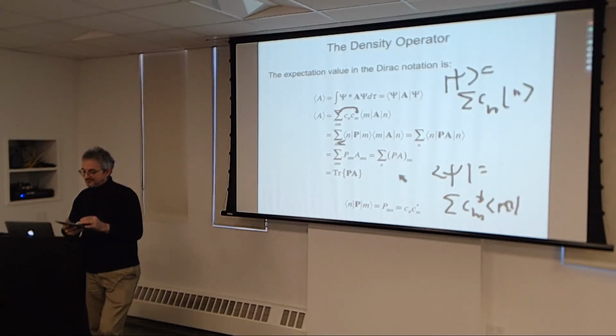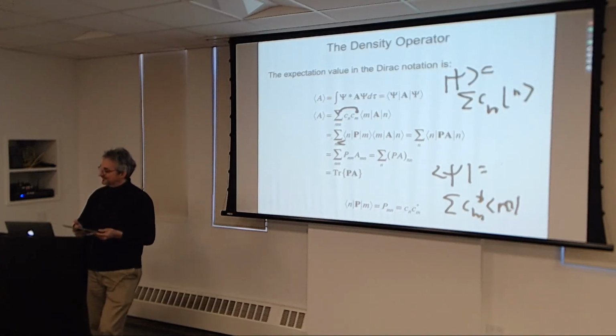So that's the same as summing just over n, the nn elements of the product of two matrices, or in this case, two operators, by the definition of matrix arithmetic. And this says we sum up the diagonal elements of the result of this calculation. And the sum of the diagonal elements is called the trace in mathematics.